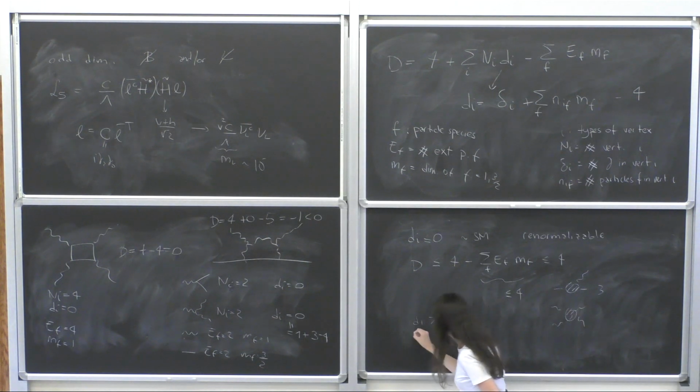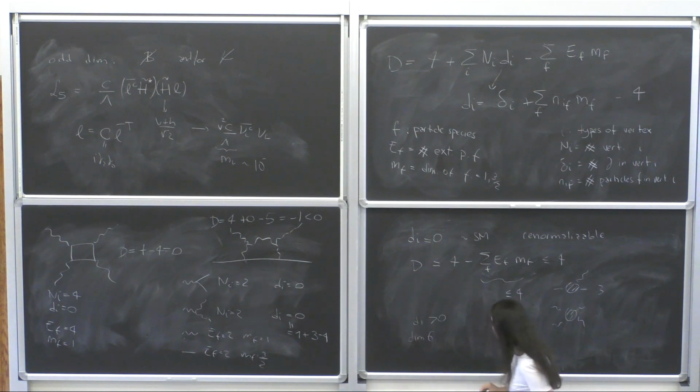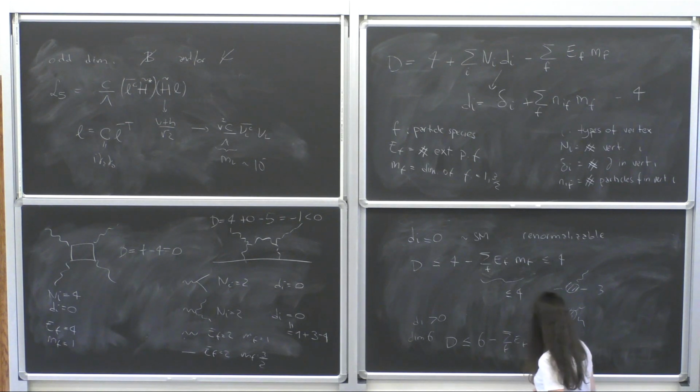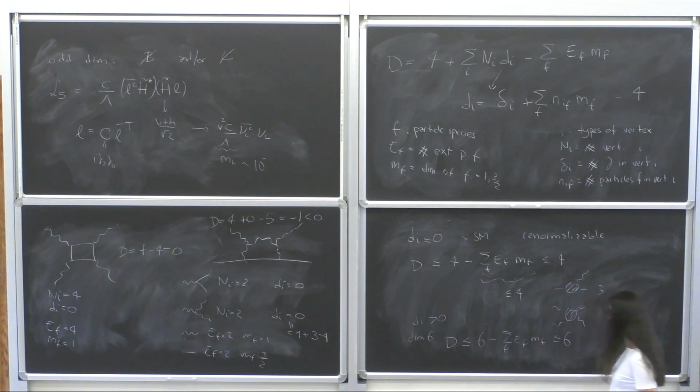So if you have, for instance, dimension 6 SMEFT, then your inequality will be that this is 6 minus the number of external fields that you have. And this is always less or equal than 6. Now, this is also finite, okay?